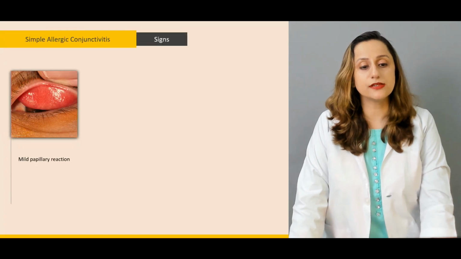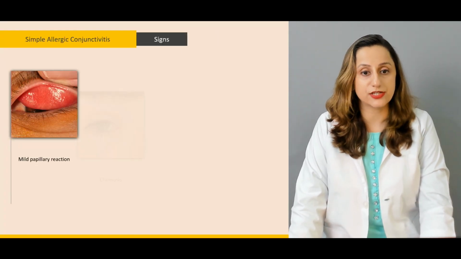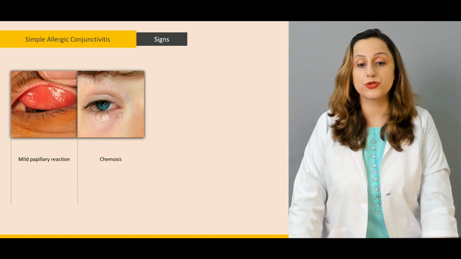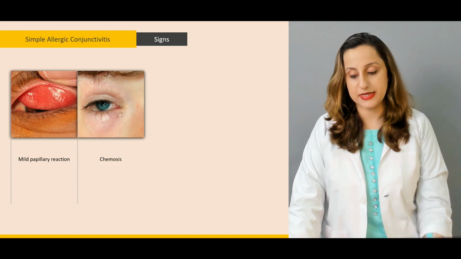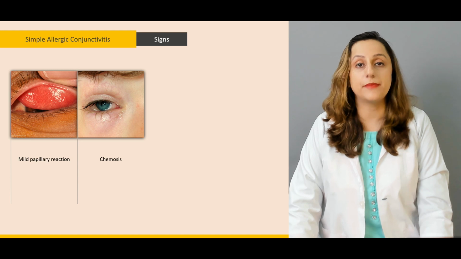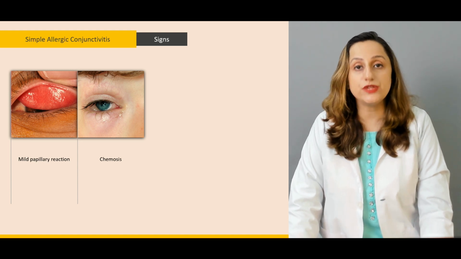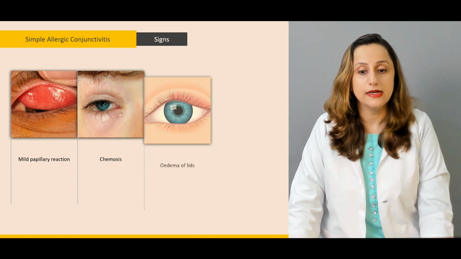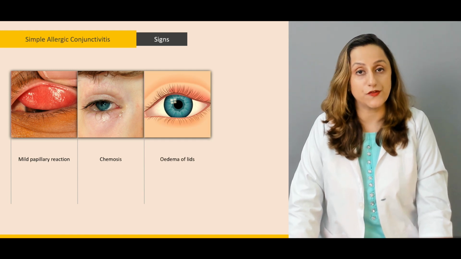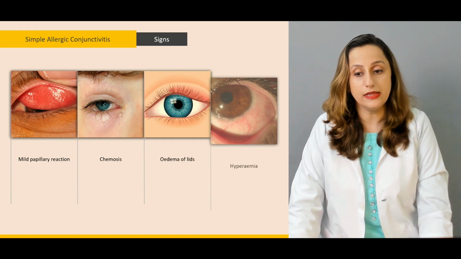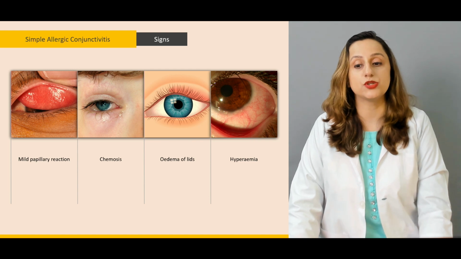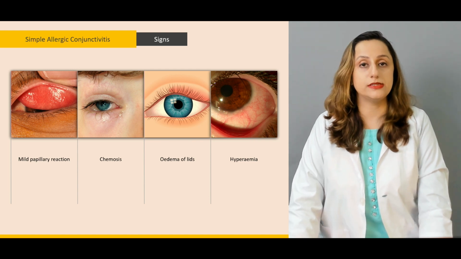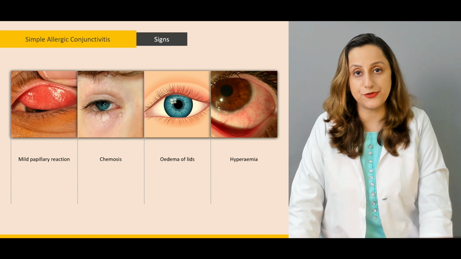The signs would include a mild papillary reaction, and chemosis, which is marked irritation of the conjunctiva. There would also be marked edema of the lids, and you would be examining the hyperemia.